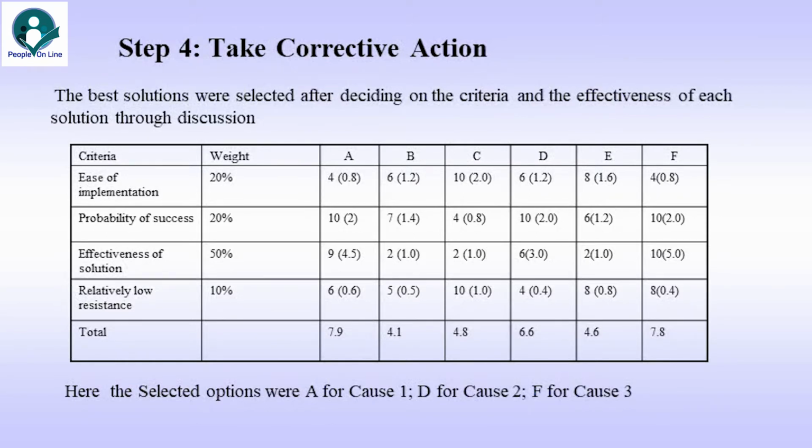And between E and F, which were targeted at cause 3, F with a score of 7.8 as opposed to E at 4.6, so F got selected ahead of E as a solution for cause 3.